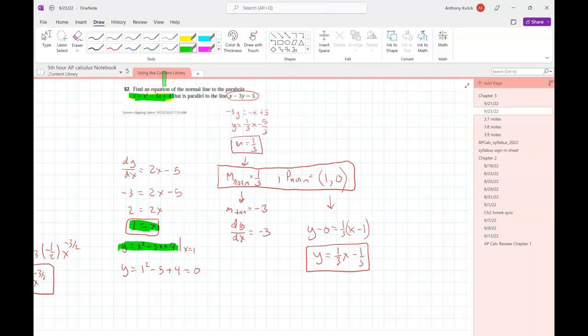If I plugged it back into the derivative, what would I get back? -3, right? Because that's what I solved for. You know what I mean? Hopefully, if you would have done that by accident, it would have been pretty clear immediately: wait a minute, that's just what I solved for. Of course I'm going to get -3 back. That's not what I want.